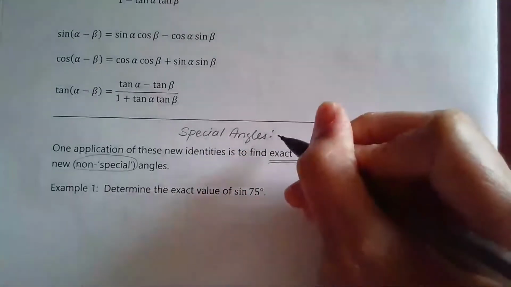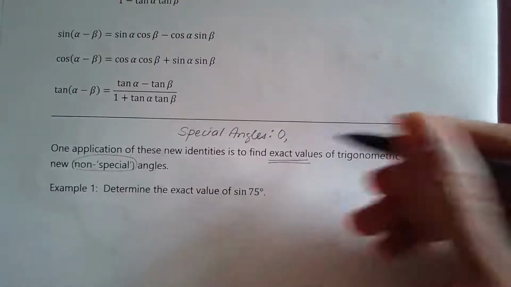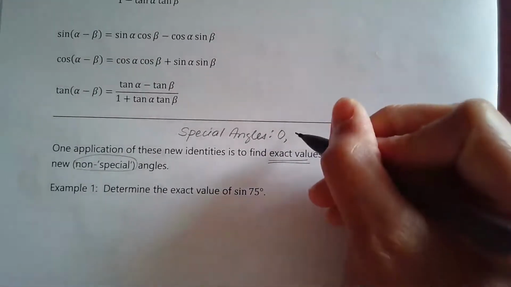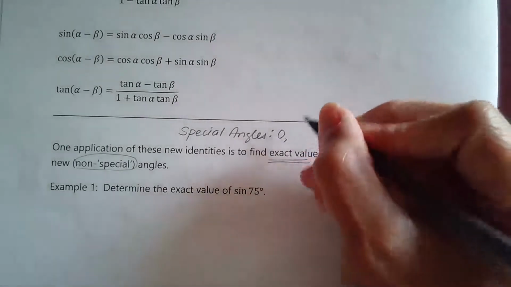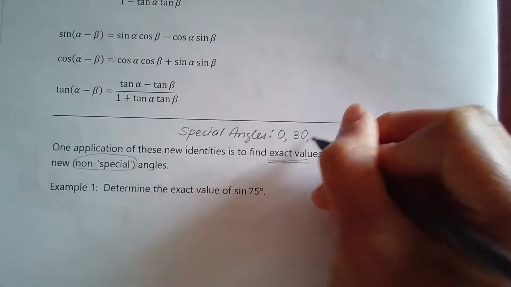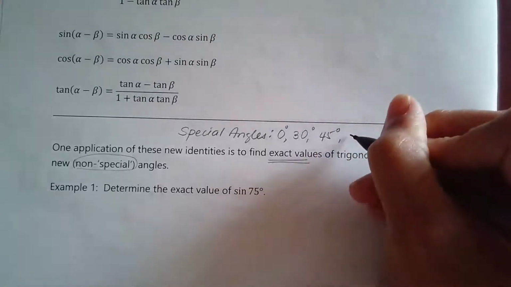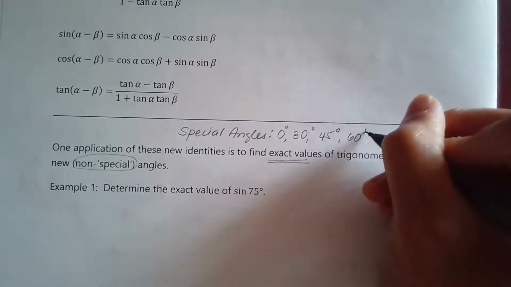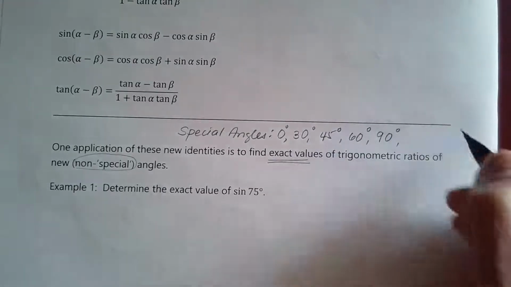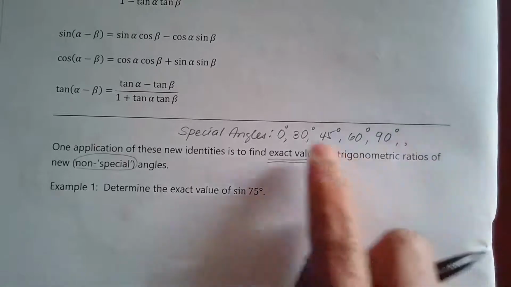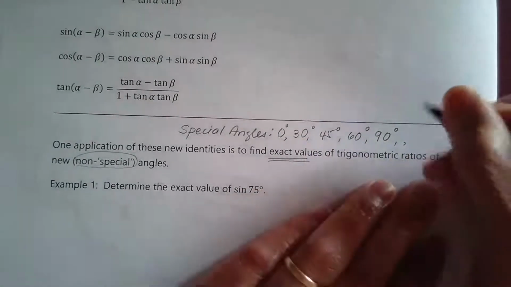The special angles are, in terms of degrees, 0, 30, 45, 60, and 90 degrees, and any multiples of these angles.